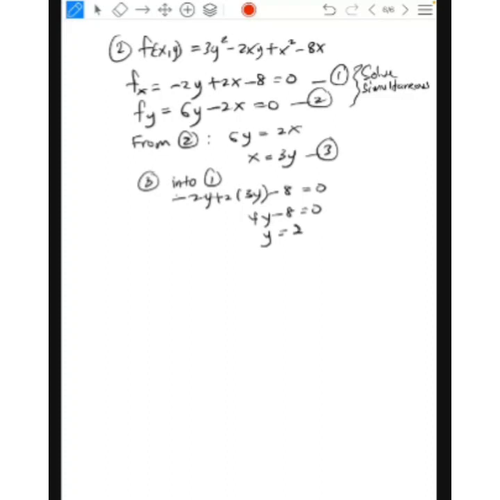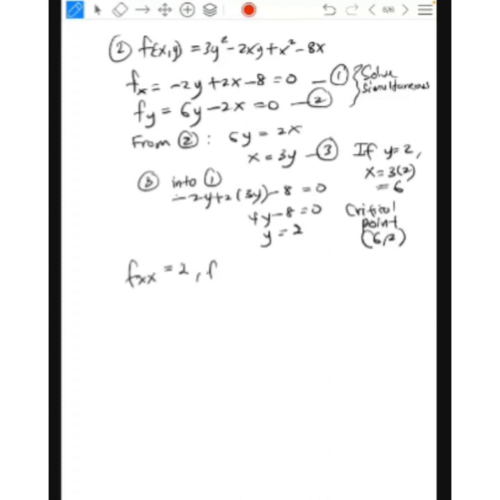Okay, so if y equals to 2, then x equals to 3 times 2, which is 6. So the critical point will be (x, y), so (6, 2). Not yx, must be xy. Not yet finished.